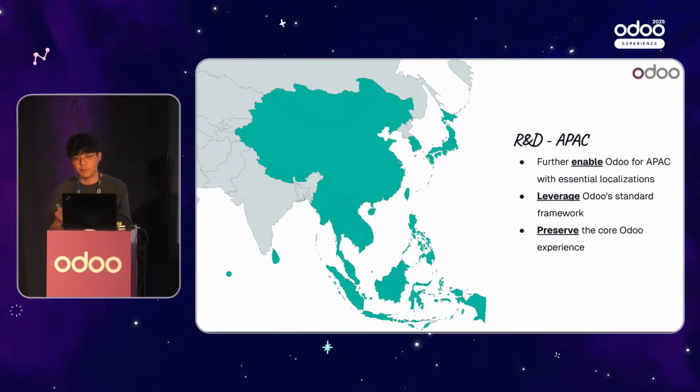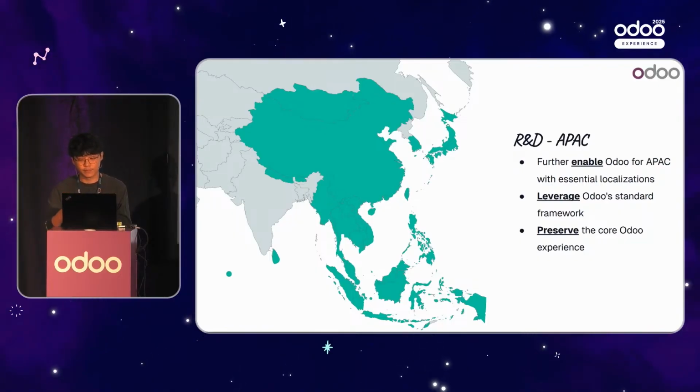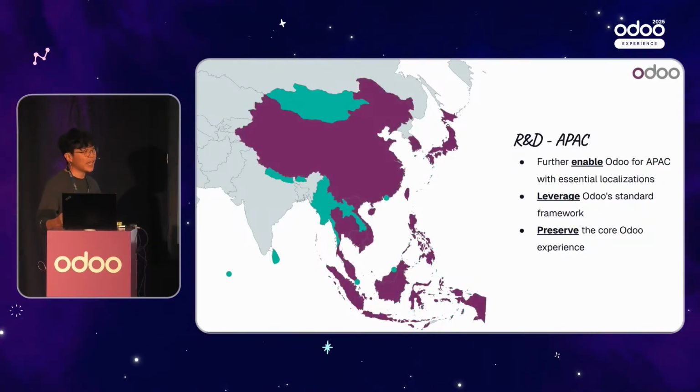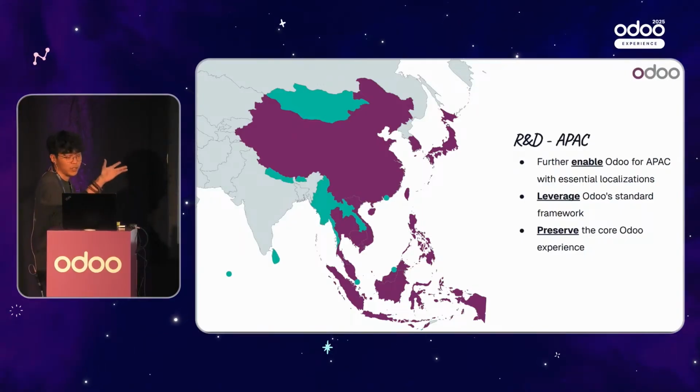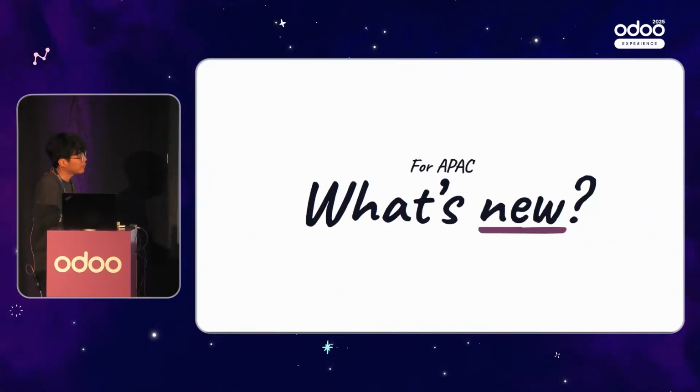We keep things simple. We try to help businesses with an all-in-one solution. That's why we have been busy, because as you can see on the map, among all the countries that we cover under the APAC region, we managed to push at least one or more localization tasks for the regions that are colored in purple today.